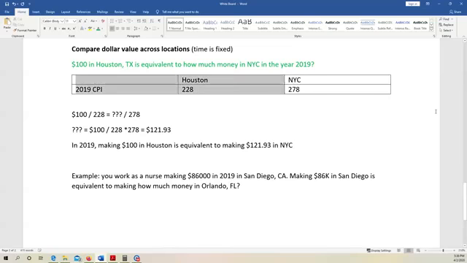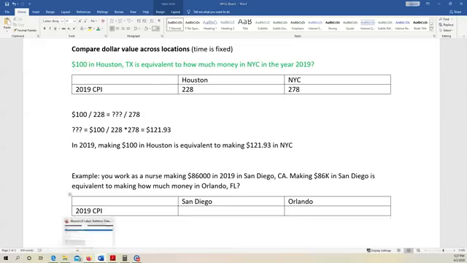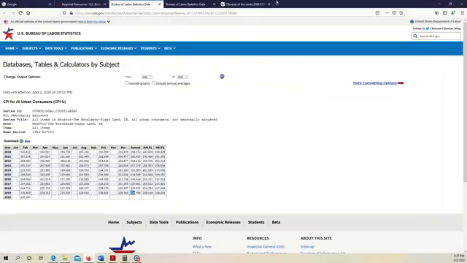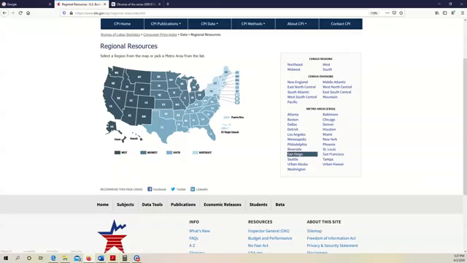So let me recycle this previous table here. This time, let me make some changes. San Diego, and we have Orlando. 2019 CPI, right? I need to find out the CPI information. Now let me go to this web page. Here, let me open San Diego. And we have Orlando here.